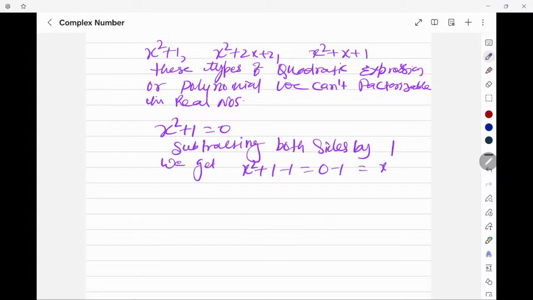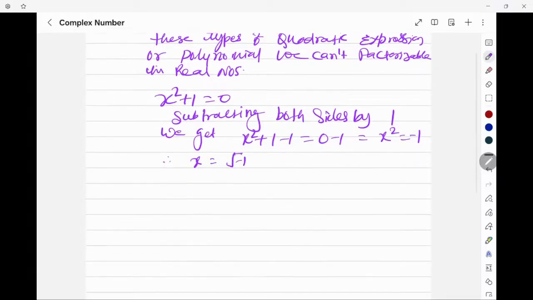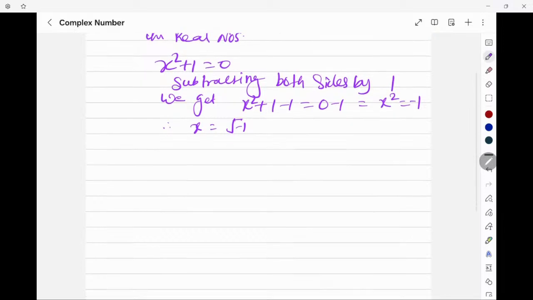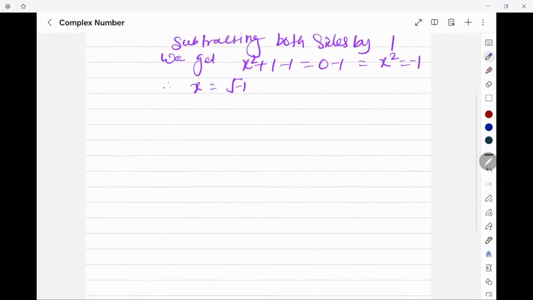This implies x squared is equal to negative 1. So x is equal to root over minus 1.